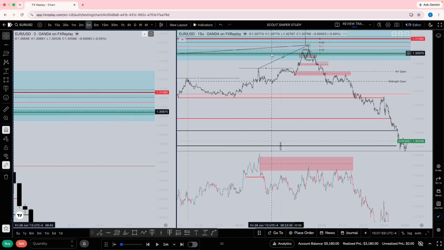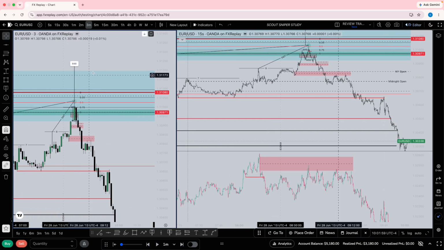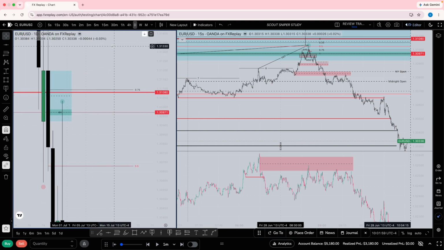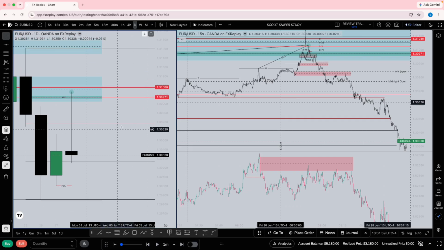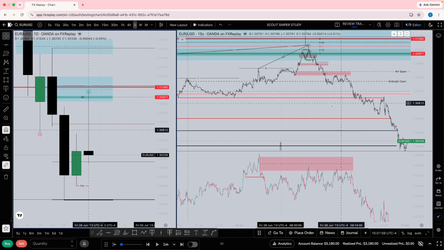And I'm going to pull this like this, and I'm going to put the day right here, just so you can see where I'm at in terms of this and what's going on in terms of a day chart at that level.